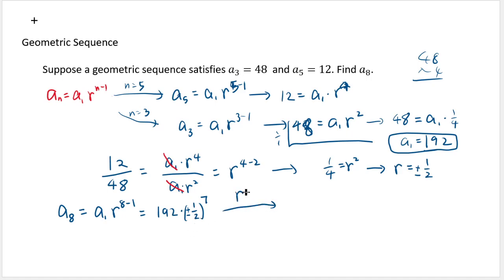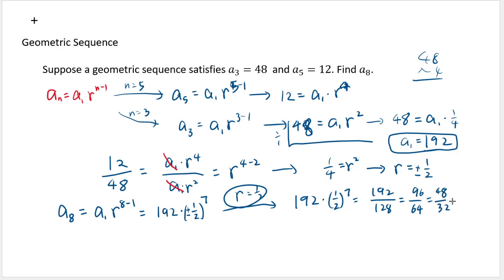So when r is positive 1/2, what you get is 192 times 1/2 to the 7th power, which is 192 over 2 to the 7th. If you do the calculation, you're going to get 128, but then you have to keep dividing top and bottom. If you divide top and bottom by 2, it's 96 over 64, but you can divide by 2 again, so that's 48 over 32.